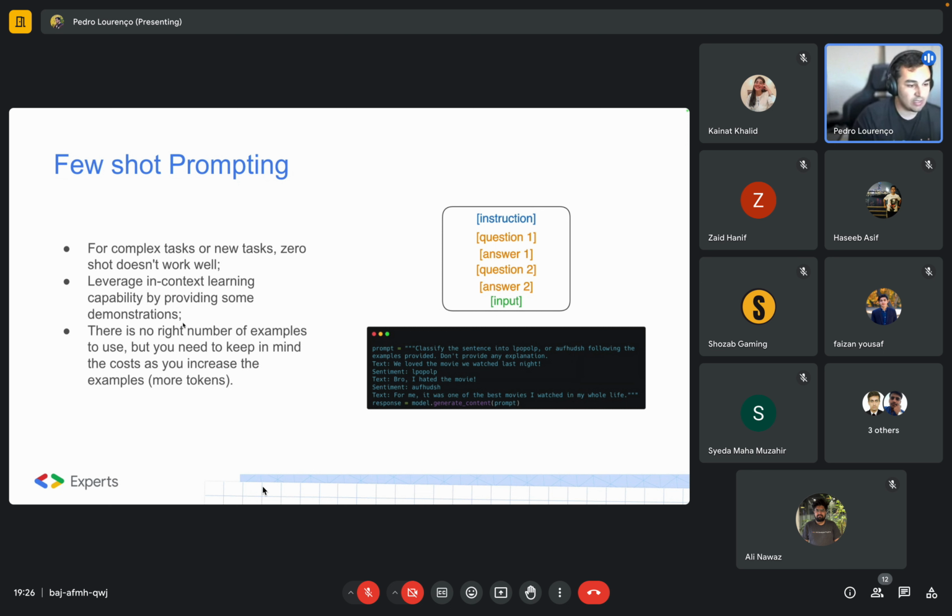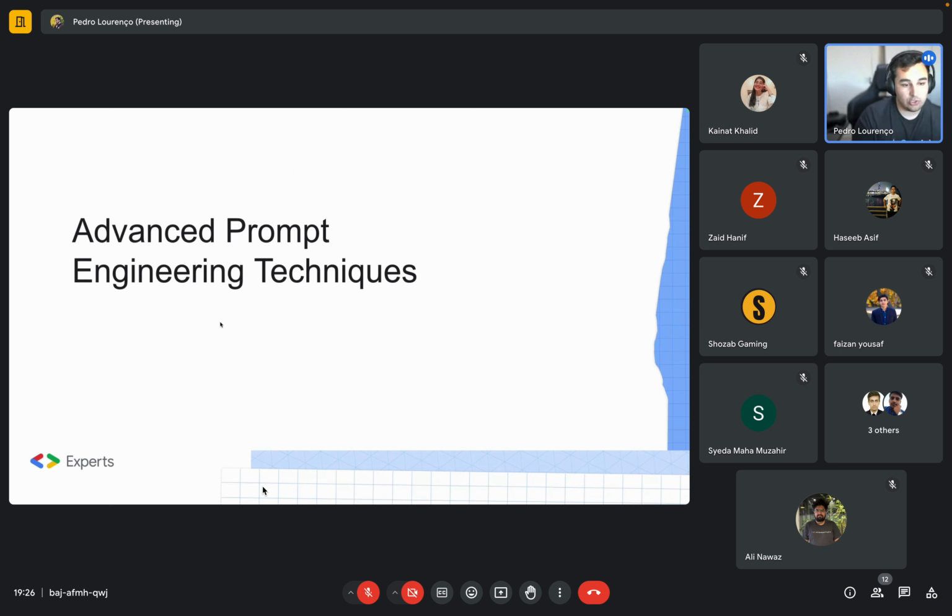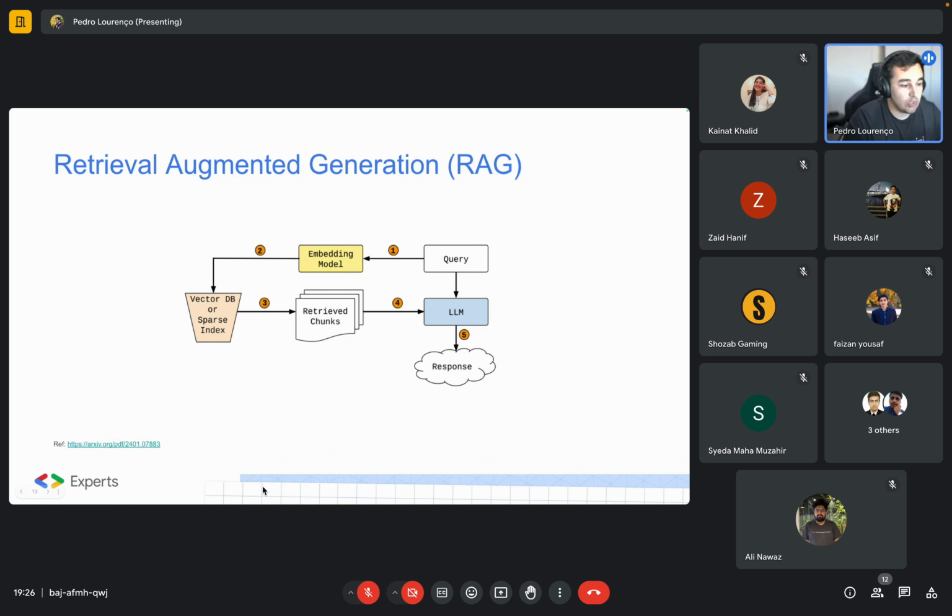When I say advanced, it's because they require more reasoning from the large language model, and also because sometimes they require you to interact with different systems. The first one we are going to cover is what we call retrieval augmented generation, also known as RAG.